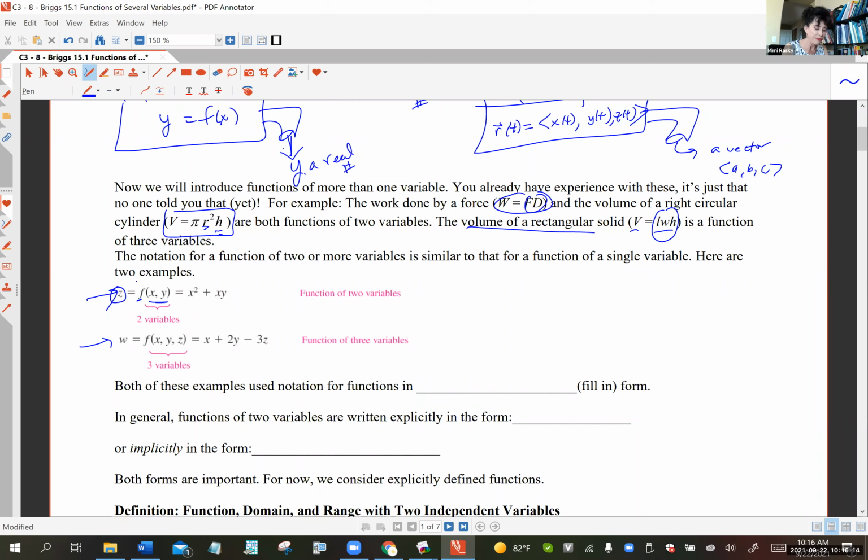And they're naming the function z, which is pretty typical. Z is a function of x and y. And then here's just a cute little example, x squared plus xy. Oh, okay, fun. Now, what about a function of 3 variables? Sure. And the notation would be f of parentheses x comma y comma z.